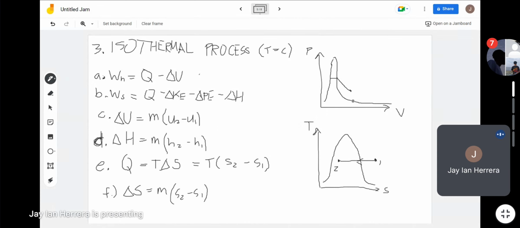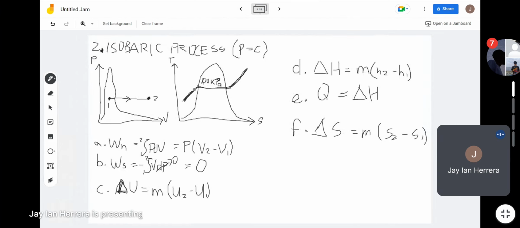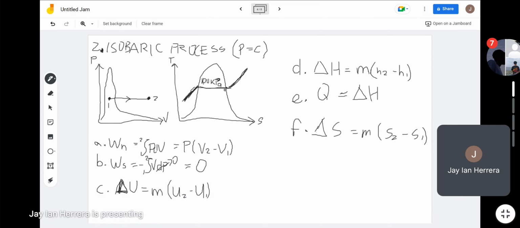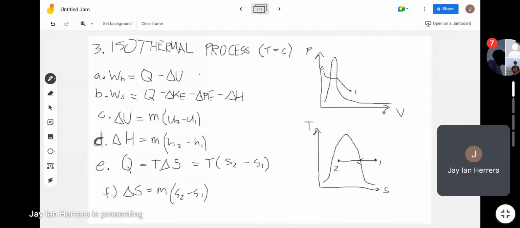Parang kabaliktaran ni pressure. I-straight line lang yan under the wet mixture. This is for isothermal process na PV, this is 1 to 2. So kung maaalala nyo yung sa isobaric, pag pressure under TS is curved line na may slope, then once it enters the wet mixture, straight line. Reverse lang siya ni temperature under the PV diagram.